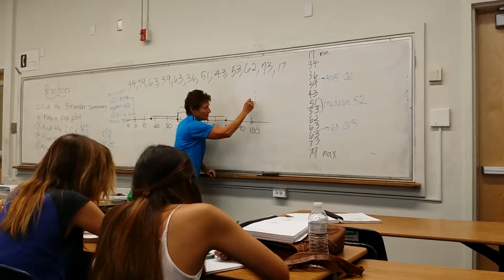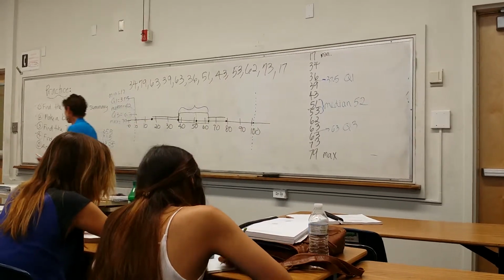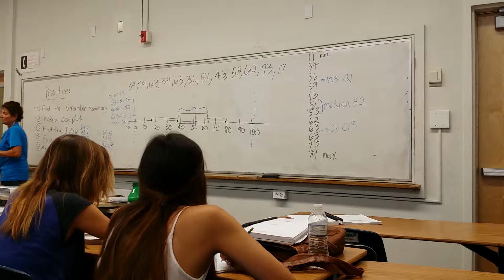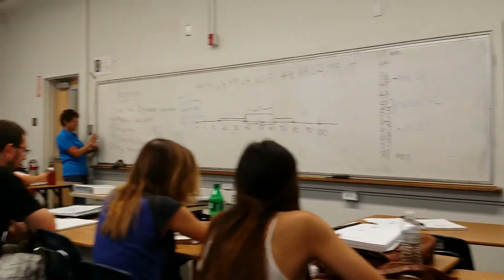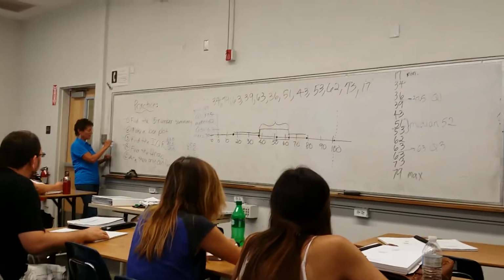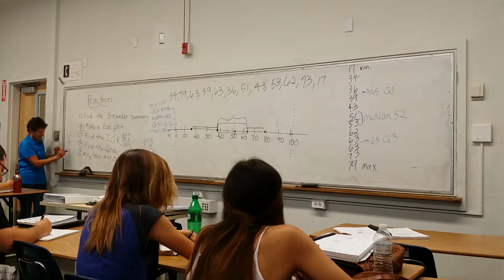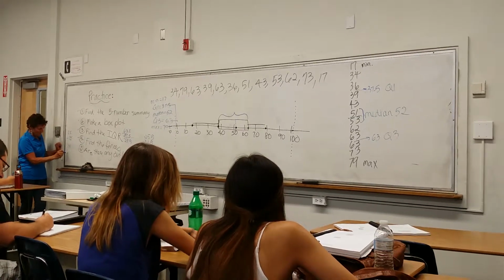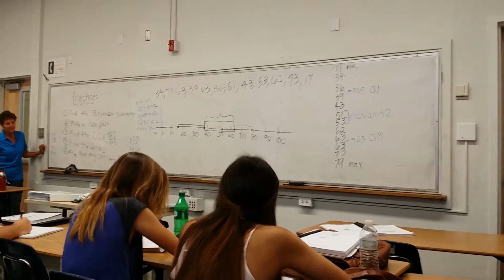And here's the upper fence. And that's what number 4 asked you to find, those fences. So the fences are at negative 0.75, that's the lower fence. And the upper fence was at 101.25, is that what you said?